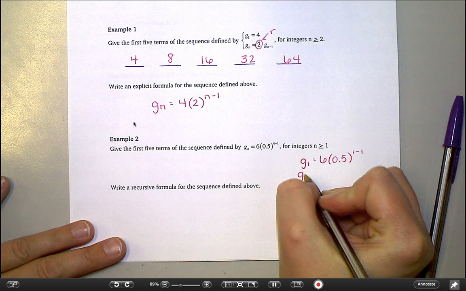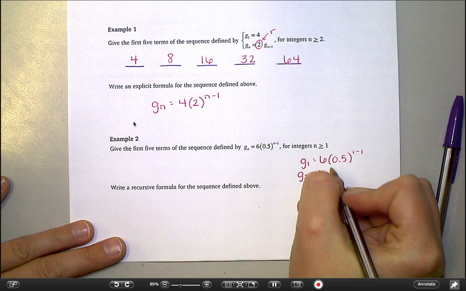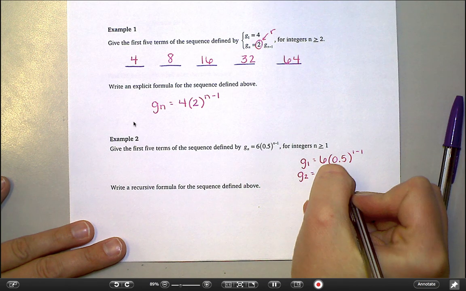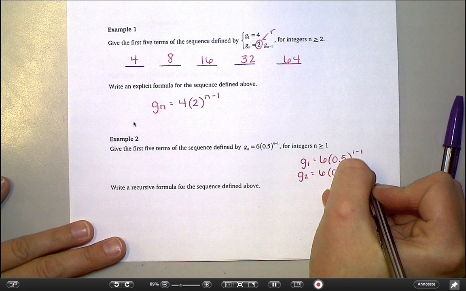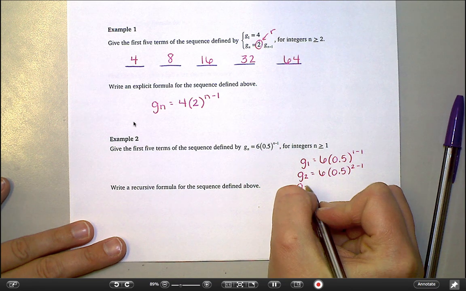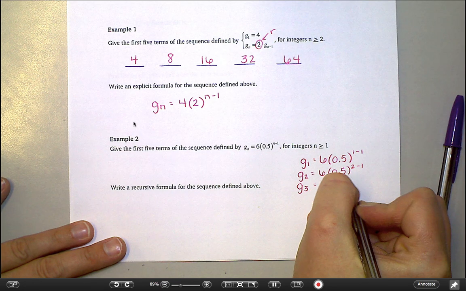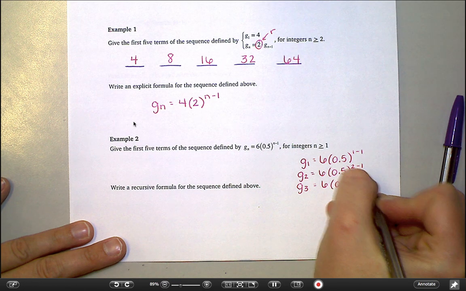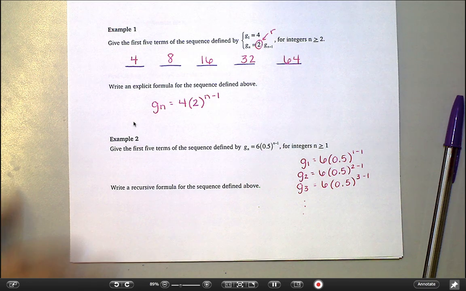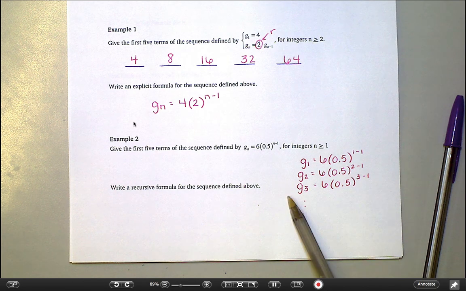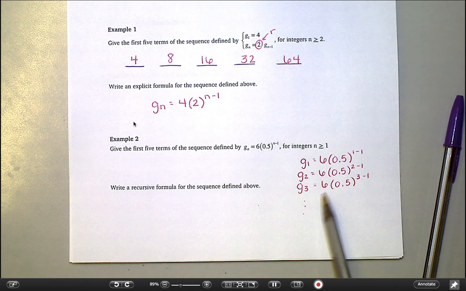And then to get term 2, I would do 6 times 0.5 to the power of 2 minus 1. And then term 3, 6 times 0.5 to the power of 3 minus 1, and so on. Okay? And you could do that. That I think is more work than you need, but you could do that for each individual term.